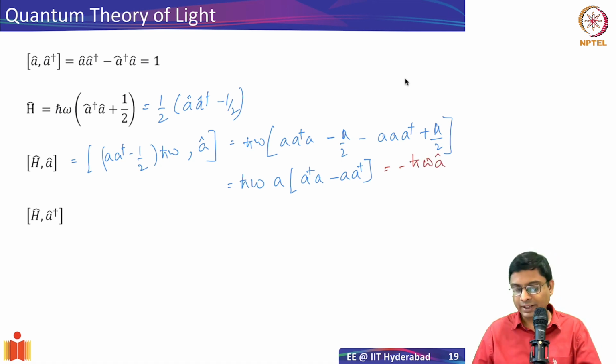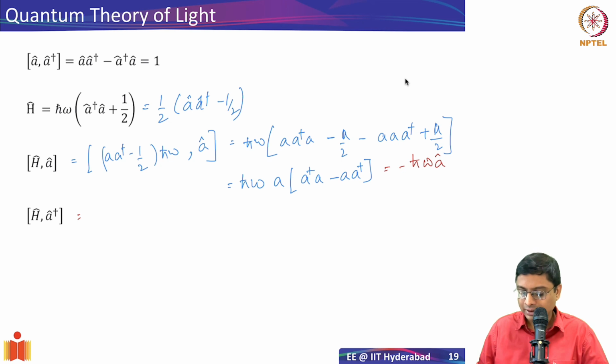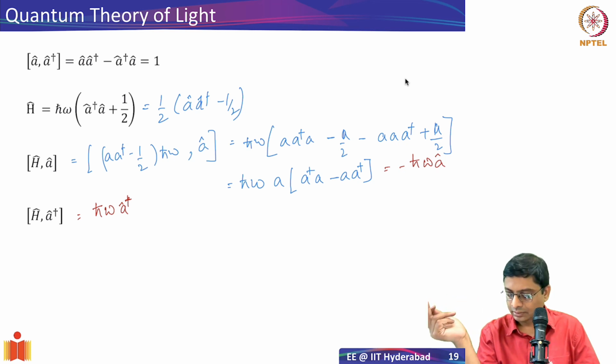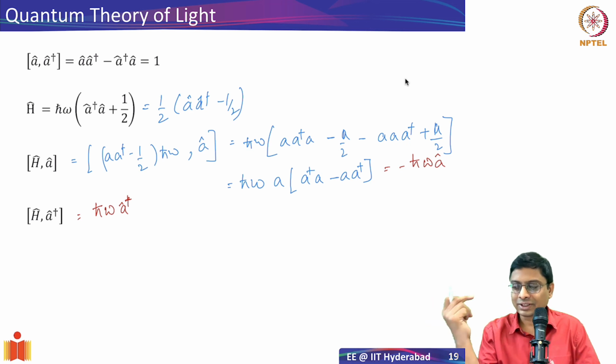If I take a commutator bracket of H and a, I'll get minus h cross omega a. And similarly, if I take the commutator bracket with a dagger, I can show that it will be h cross omega a dagger. I think you should get more or less the same thing, right? So basically, if I take commutator bracket of H and a, I'll get minus h cross omega a. With a dagger, I'll get plus h cross omega a dagger. Now the question is, what does it mean? We will actually try to see the implications.